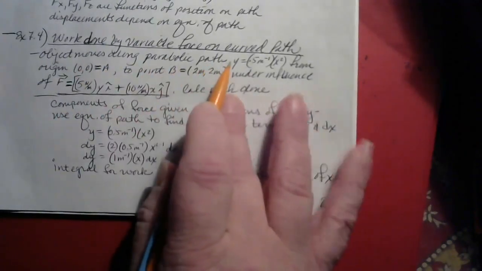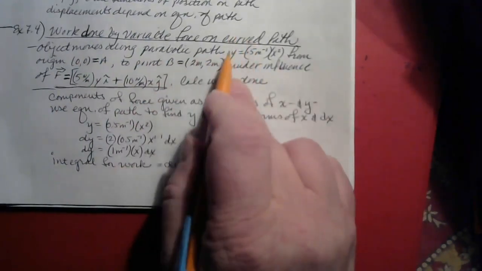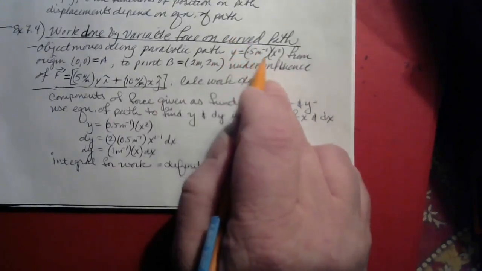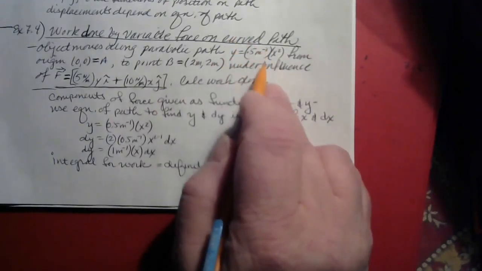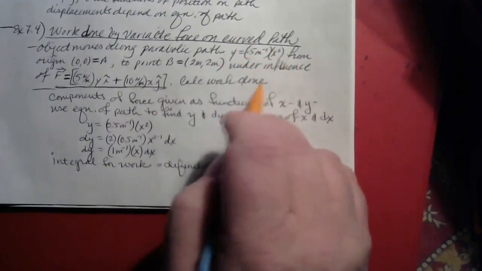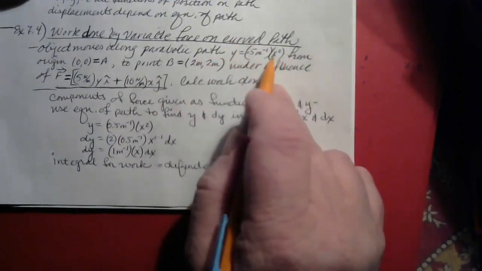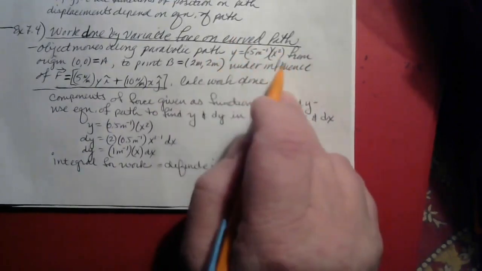So what we've got here is an object that moves along a parabolic path, the equation for which is y equals 0.5 meters^-1 times x squared. And the fact that it's x squared is what makes it a parabola instead of a straight line.